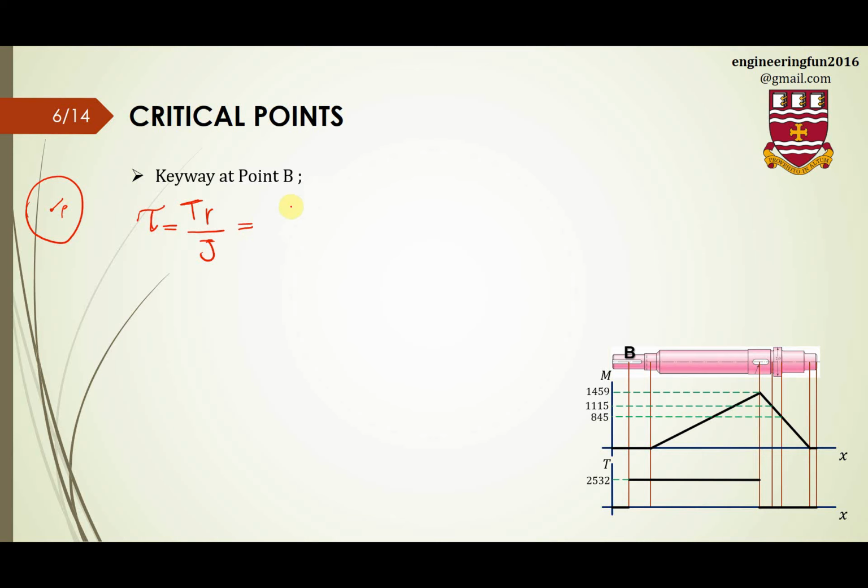So T was 2532. The diameter was 1, so the radius is 1 over 2. And J is pi times 1 to the power of 4 divided by 32.